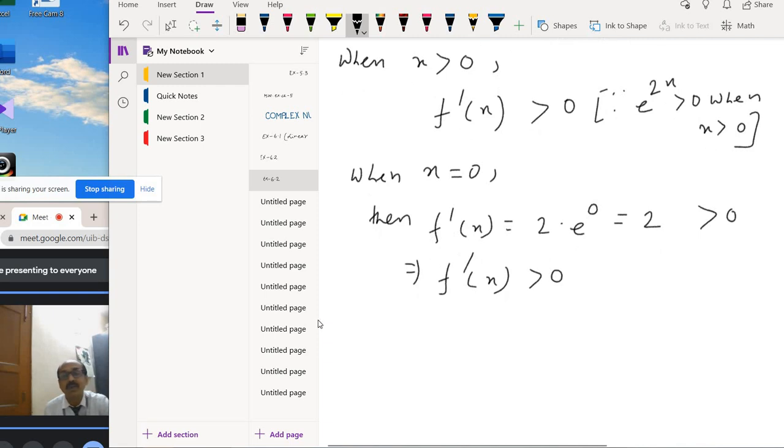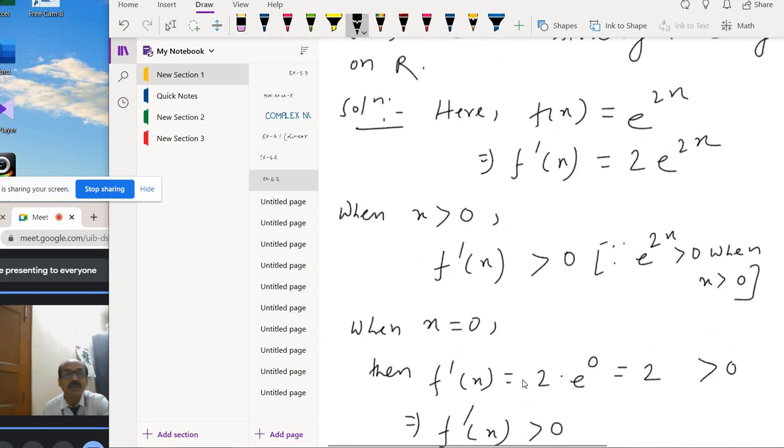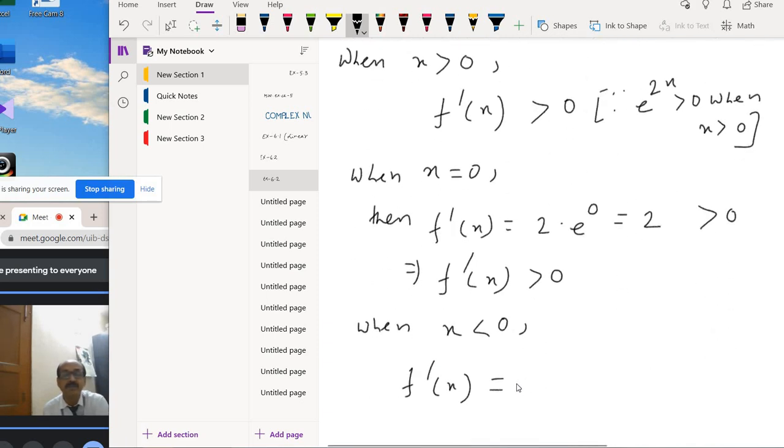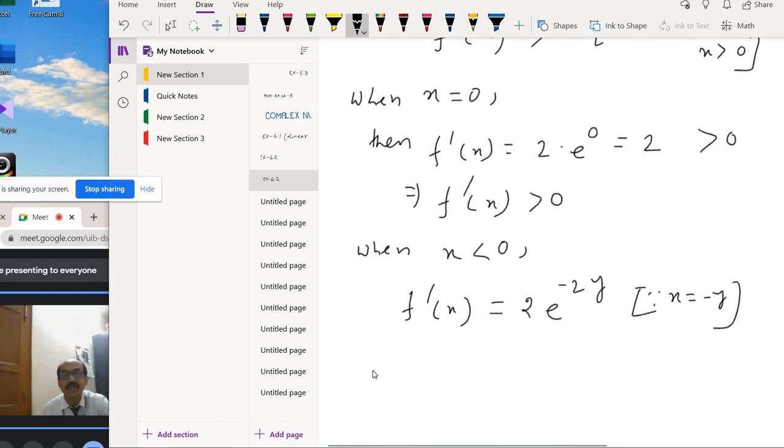So now if x less than 0, negative, then f dash x equal to 2 e to the power 2x. Take x equal to minus y, so minus 2y, since x less than 0, we are taking a negative value.